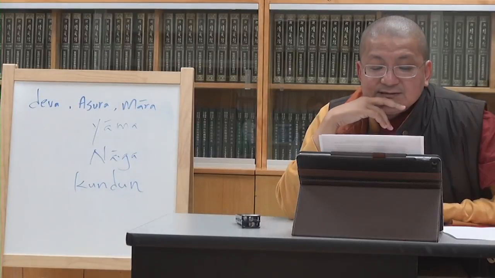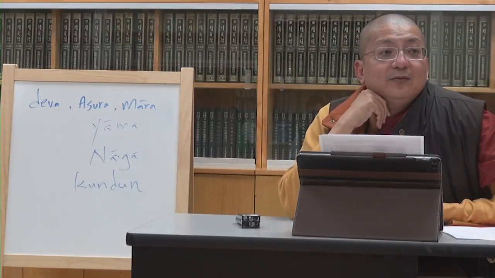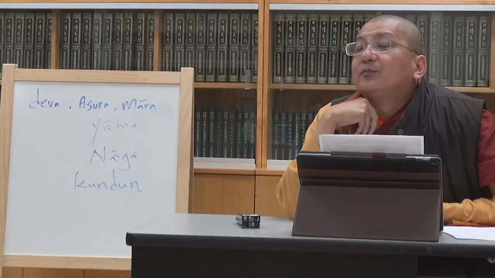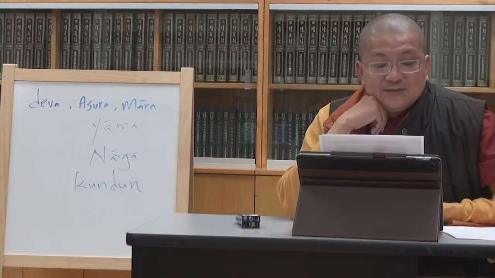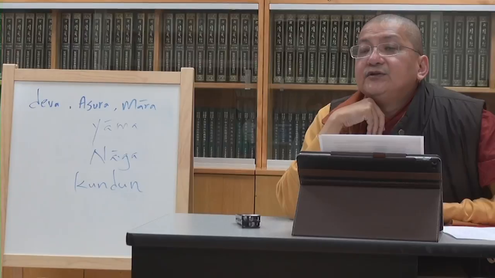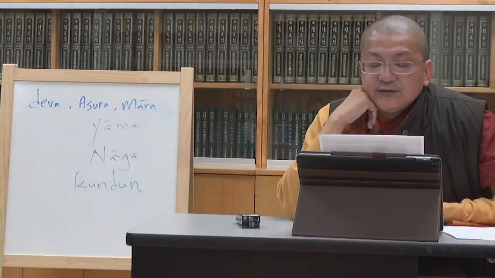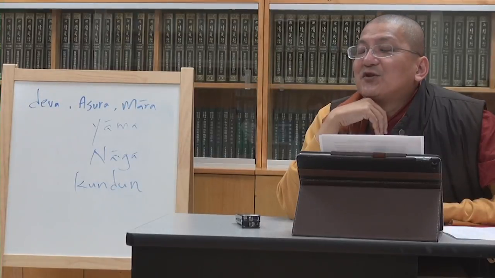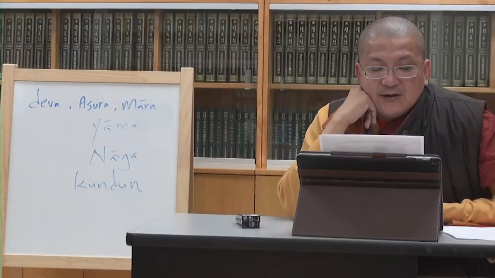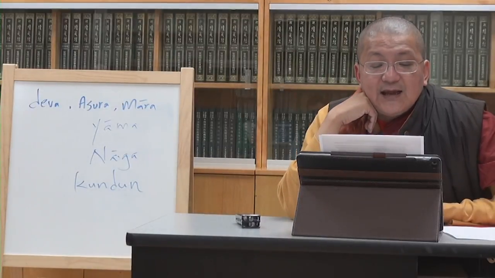Separation from the loved one is also stressful, the suffering of parting from loved ones, right? Not getting what is wanted is stressful, the suffering of not getting what you seek. So in short, or in conclusion, or to put it briefly, the five clinging aggregates are stressful.